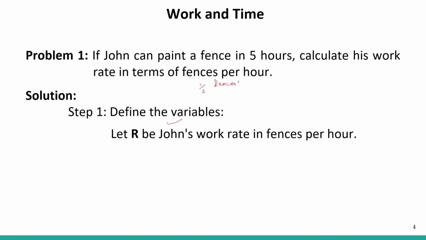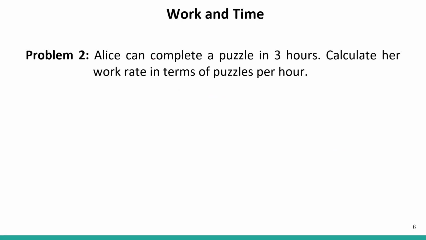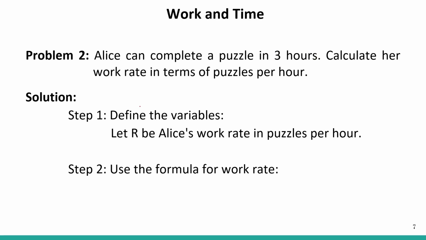Let's see problem number 2. If Alice can complete a puzzle in 3 hours, calculate her work rate in terms of puzzles per hour. Alice takes 3 hours to complete one puzzle. Defining the variables, let R be Alice's work rate in puzzles per hour.